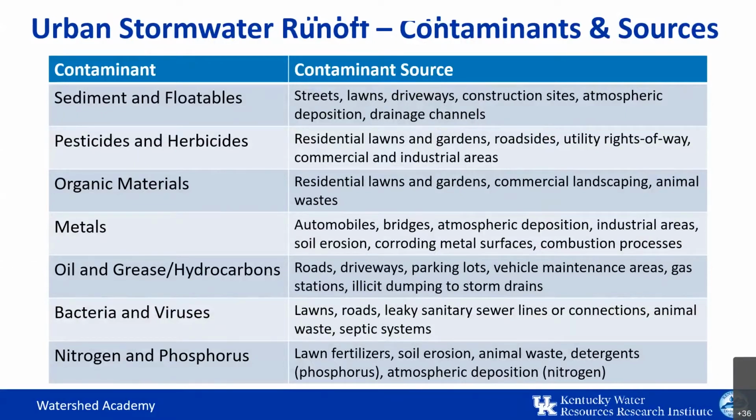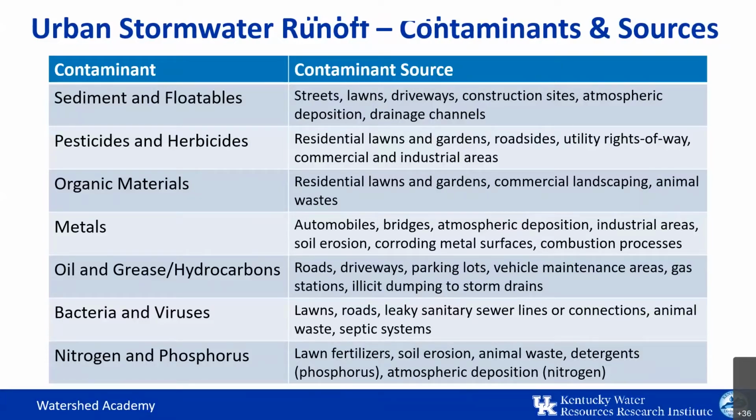But this table just provides a nice overview of those urban contaminants and sources, from organic materials that I mentioned from residential lawns, or different contaminants from automobiles and impervious surfaces like roadways and parking lots, to the bacteria and nitrogen and phosphorus that can come from sanitary sewer line leaks or other animal wastes.